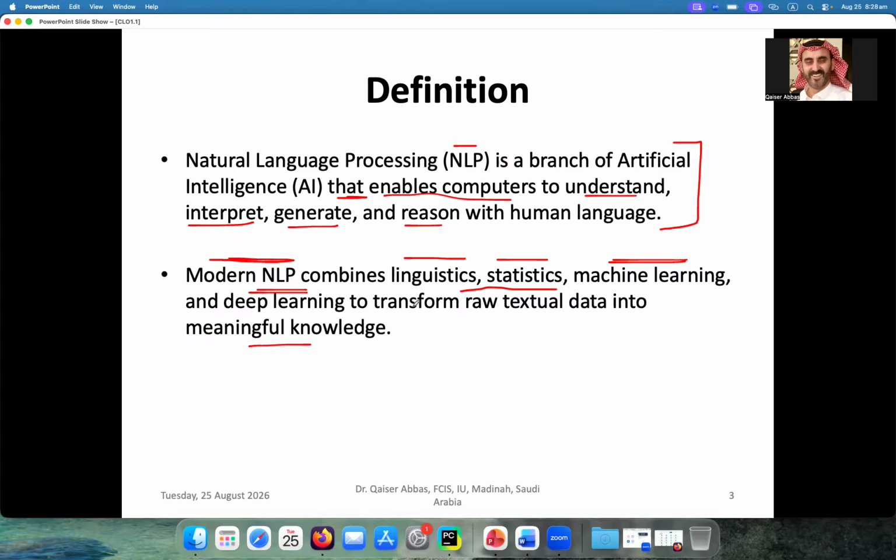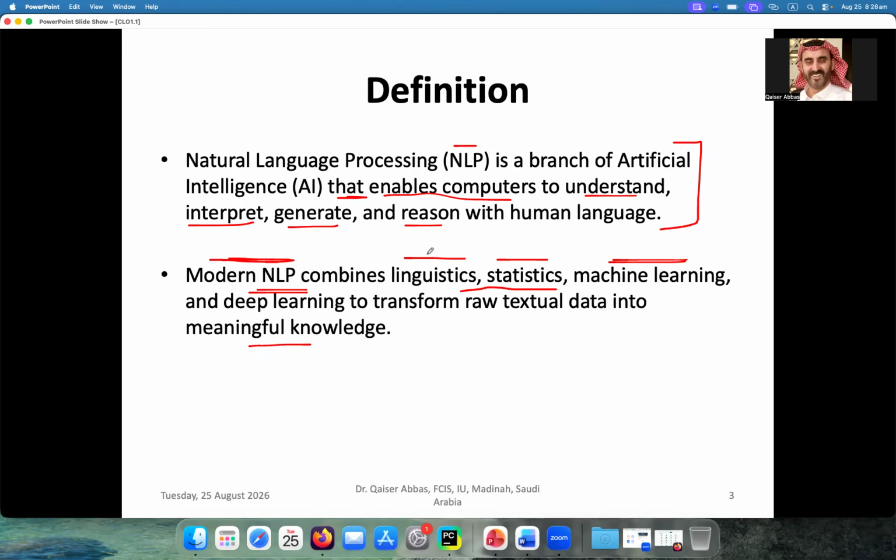We are using the word transform here, our raw text into meaningful knowledge. Or you can say, in general words, we are using these 3, 4, 5 different approaches to transform our input to output. This is the general way.